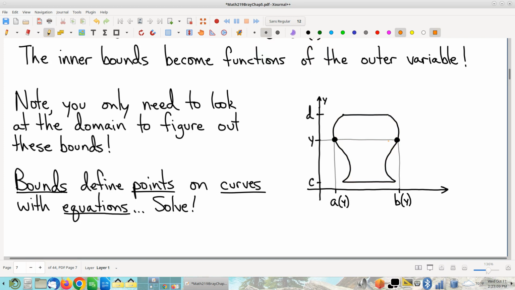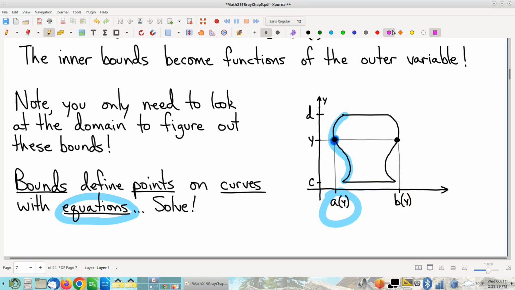There is a two-step, or three-four-step process depending on how you count. Let's talk about the lower bound. Notice that the lower bound is just the x-coordinate of that point. What characterizes that point? I can see from the picture that it's a point on that curve, and that curve is going to have some equation.